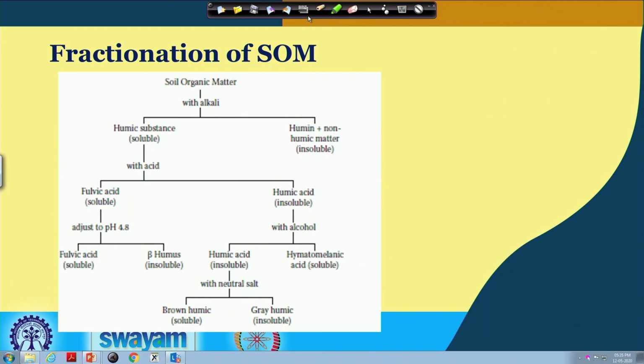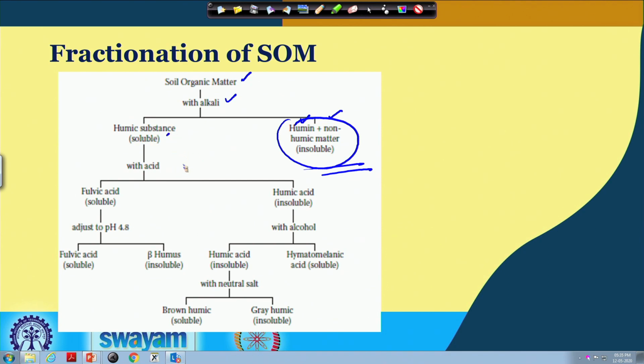So, in this slide we start with the soil organic matter, and then we start the fractionation as we have told in the last slide. Once we treat the soil organic matter with alkali, obviously humin and non-humic matter, which are insoluble in nature, will separate out, and basically all the humic substances, that means humic acid and fulvic acid, will come into the solution.